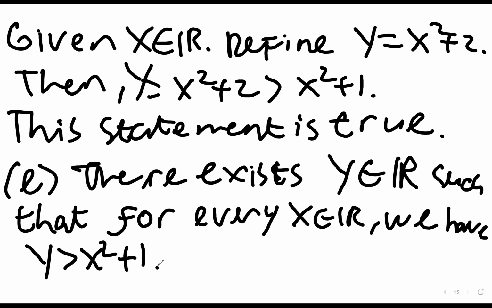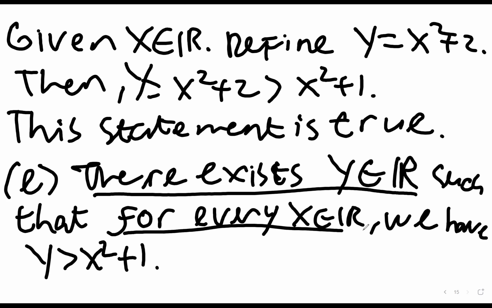So be careful with the order of the statement here. Although we have the same inequality, it appears that "there exists y" appears first in the sentence, such that for every x. So here you will see that y came first, and then x.